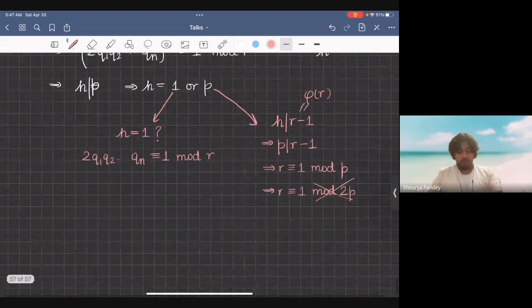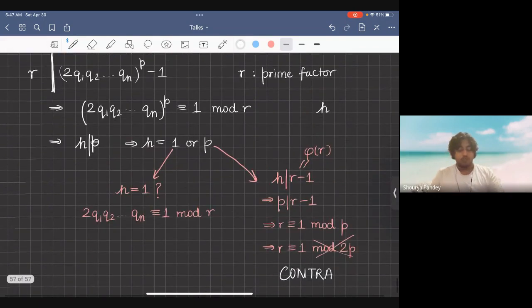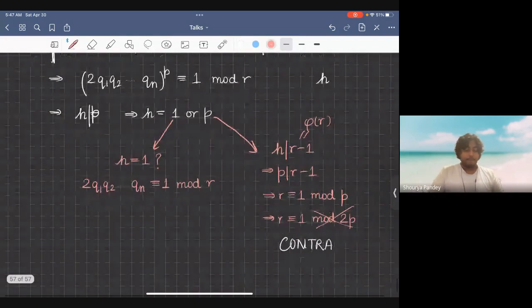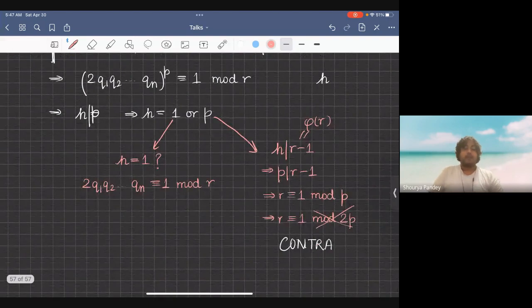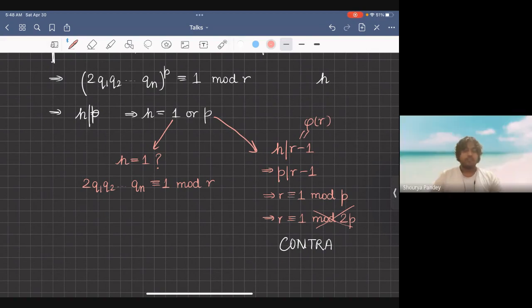So this is a contradiction. So we're only left with the case where h is 1. So h has to be 1, otherwise we have a contradiction.